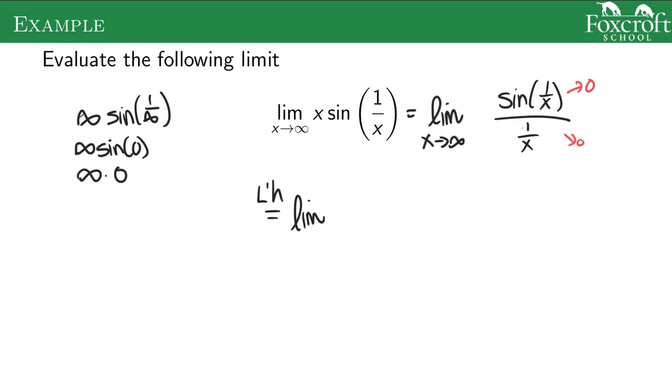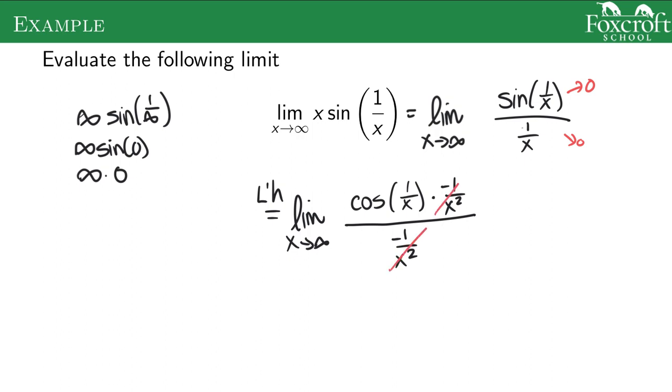For L'Hopital's rule, same limit. On the top, I have to do the chain rule: sine turns into cosine, the inside stays the same, and I multiply that by the derivative of the inside, which is negative 1 over x squared. On the bottom, I take the derivative of 1 over x, which I just did, which is negative 1 over x squared. Because this is multiplication, I can cancel these things out.